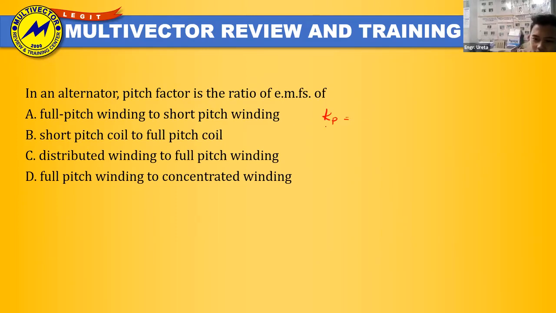So letter E is the Kp. For Kd, it is the ratio of the distributed winding EMF to the concentrated winding EMF. But for the pitch factor, Kp, it is the ratio of the EMFs of the short pitch to the full pitch coil. So the correct answer here is letter B.